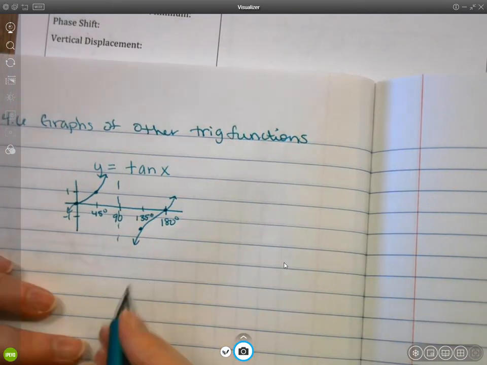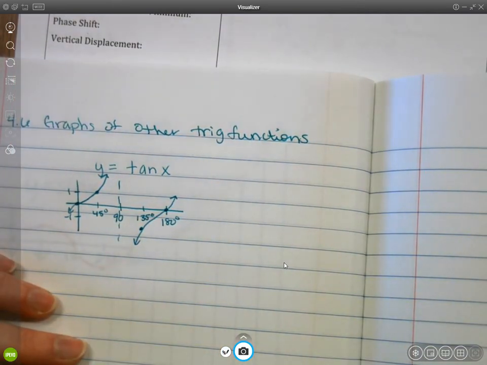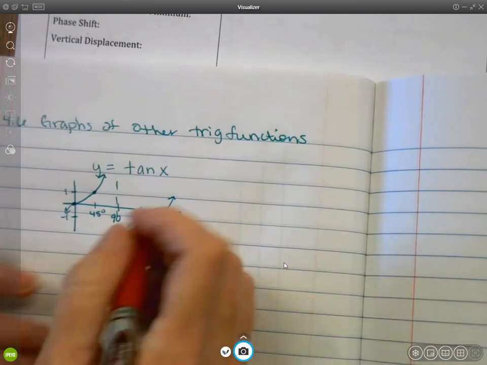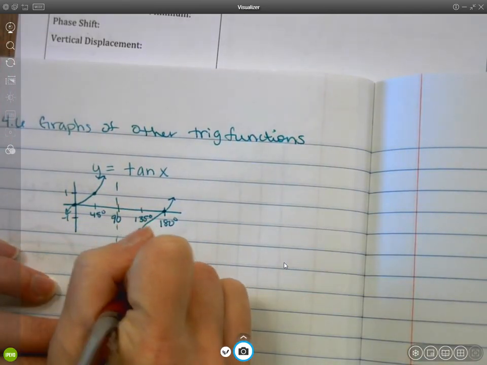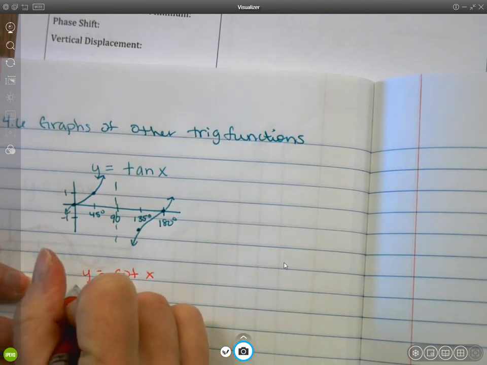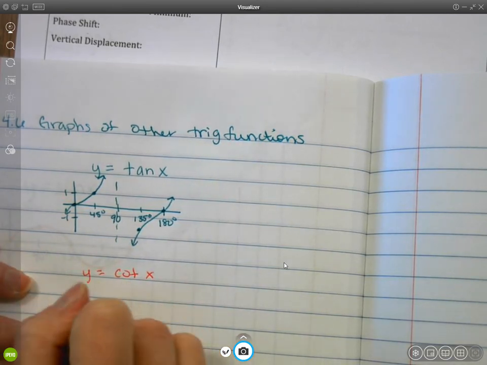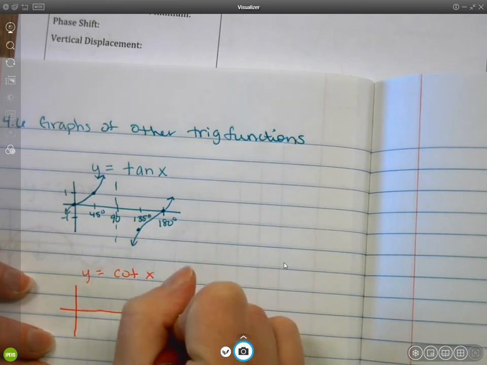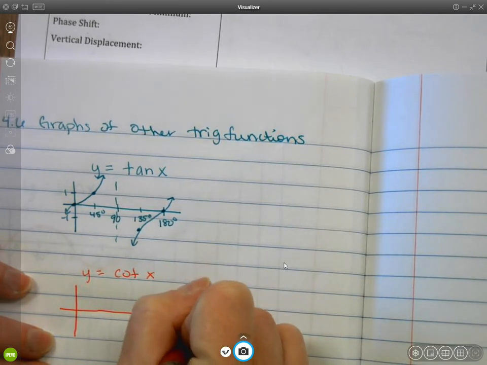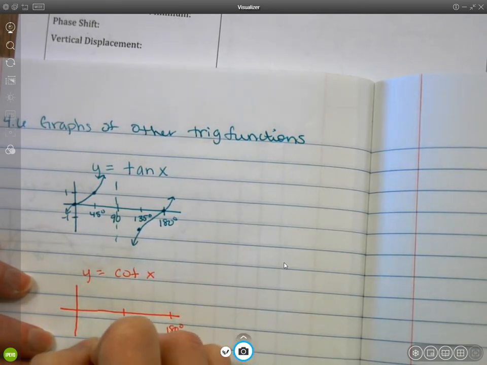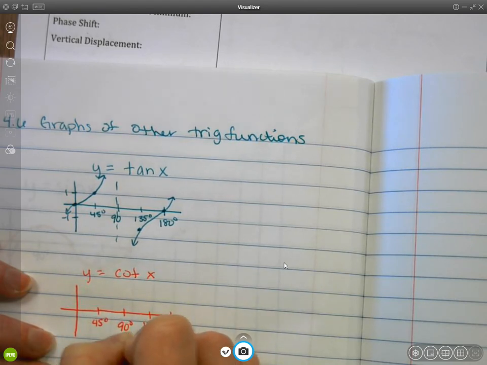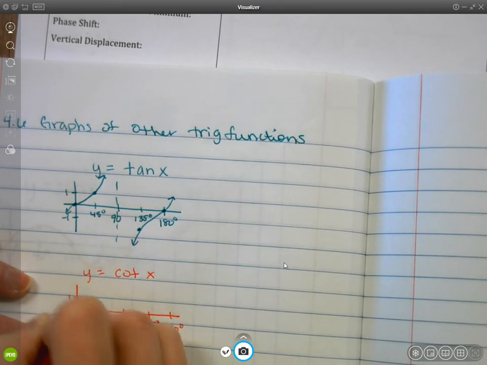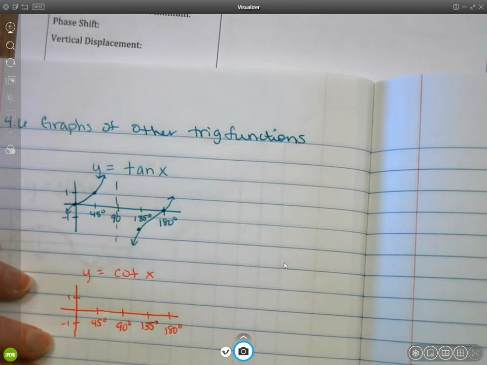Okay, so we'll go ahead and do a cotangent, which I honestly don't know if you're ever asked to graph a cotangent. We're not doing one in our notes, but it may happen in your assignment. So this one's going to be marked the same way because tangent and cotangent have the same period.